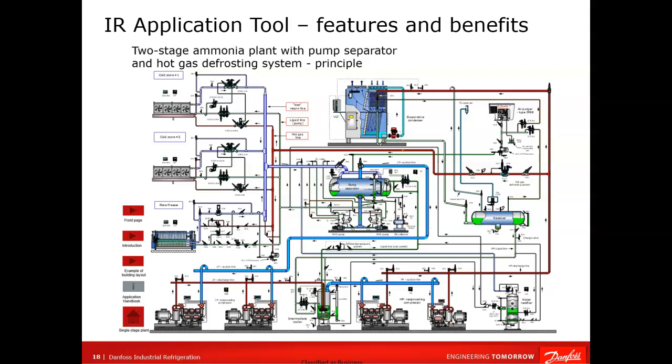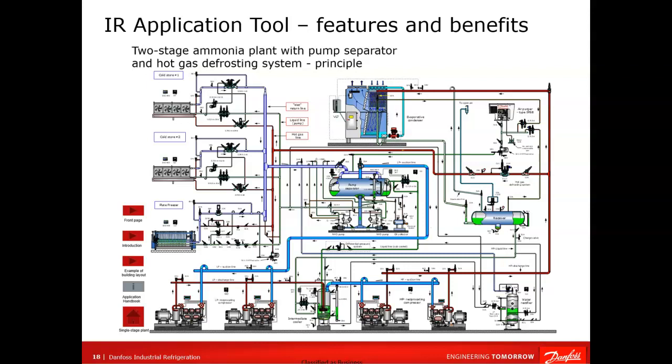The tool is useful to anyone working with industrial refrigeration, but especially those who might be new in industrial refrigeration or might still not feel 100% familiar with the details of a two-stage ammonia plant.